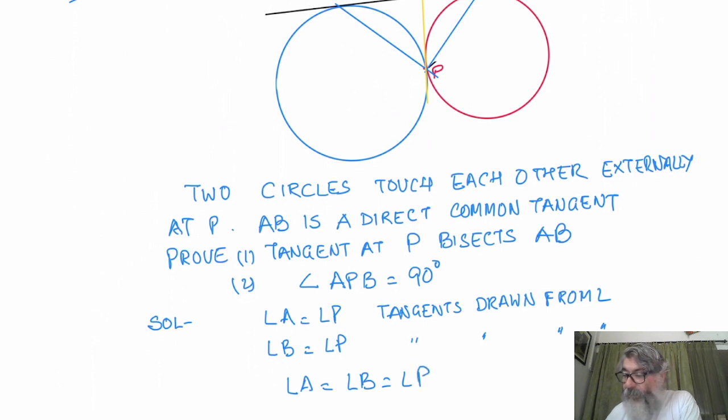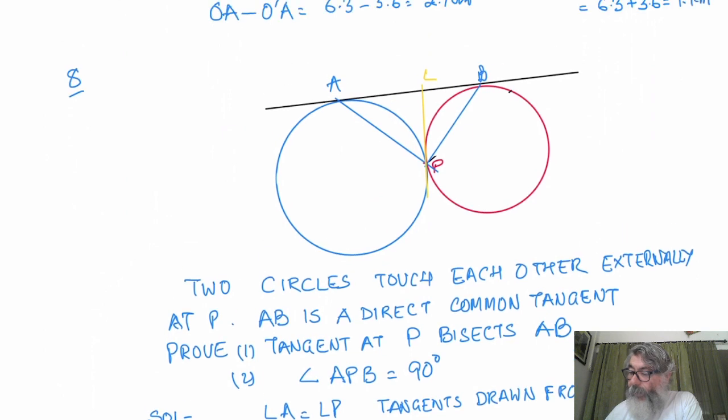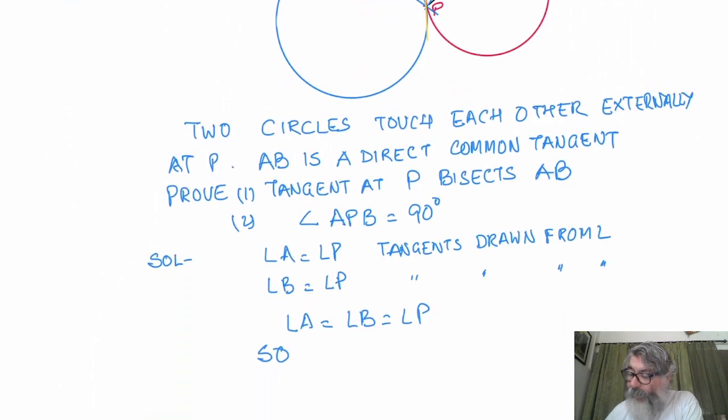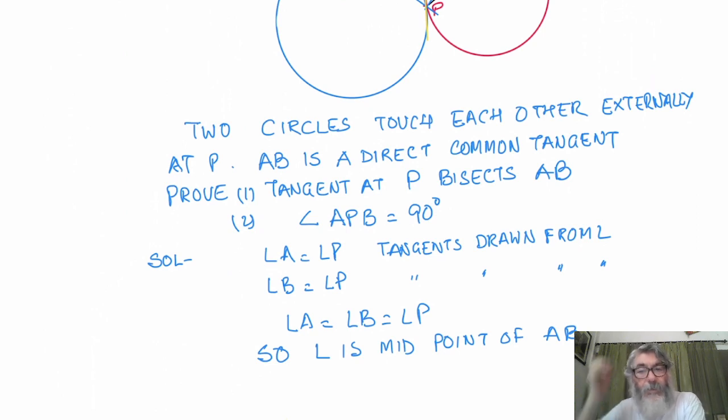This means that L is the midpoint of AB. That is what it says, that the tangent at P bisects AB. Bisects AB means it divides it into two equal halves.